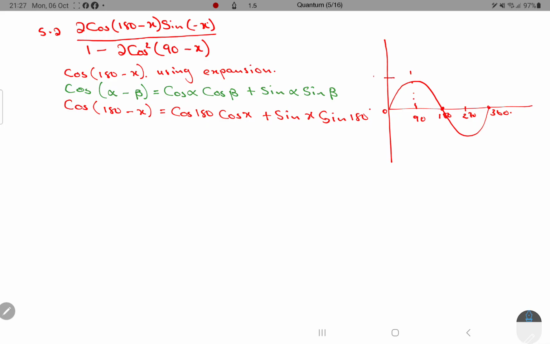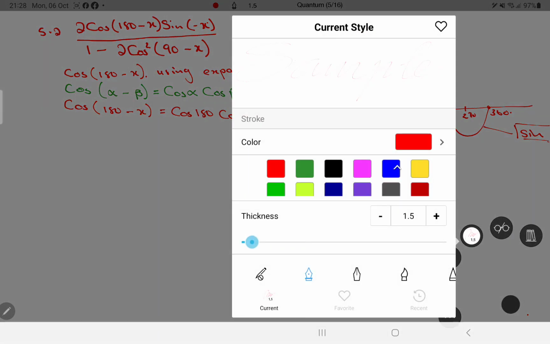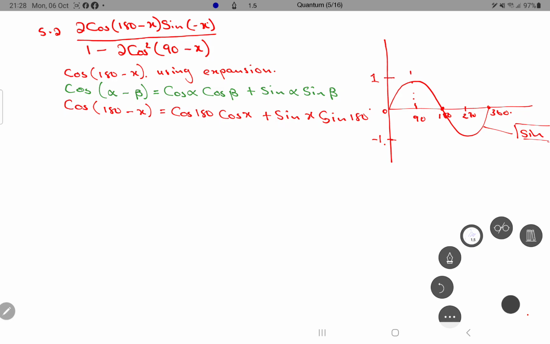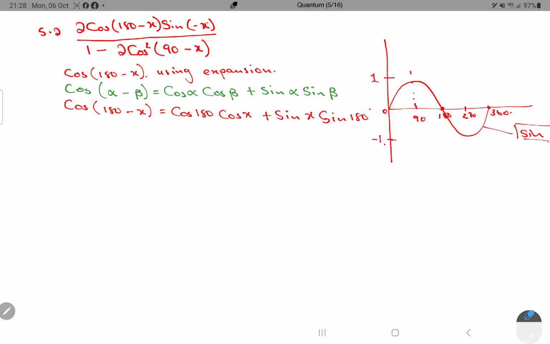This one is 1, this one is minus 1. For the cos graph, let's use blue. It starts there, goes down, and comes back. That is the cos graph.